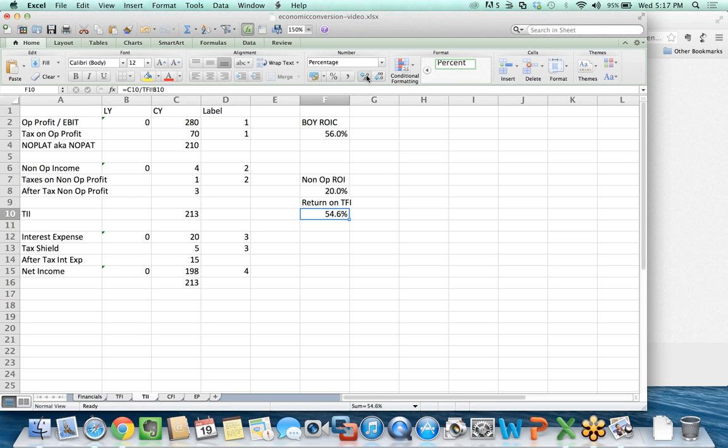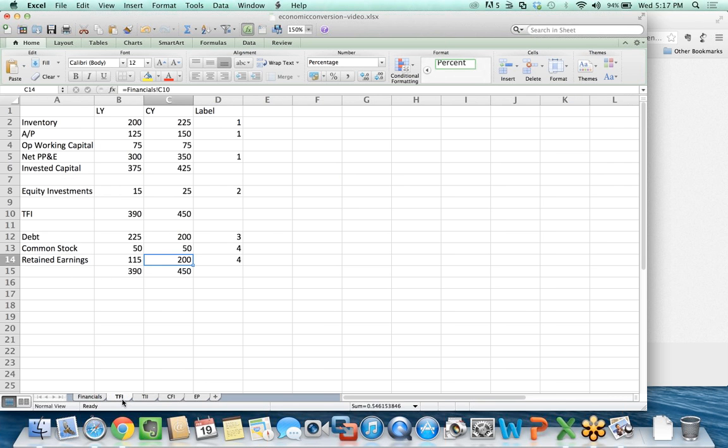What the rest of the world conveniently calls ROIC is the return on the debt and equity in the business. And we know from a TFI standpoint that debt and equity is TFI, which means they're looking at a return on the operating and non-operating investments combined.